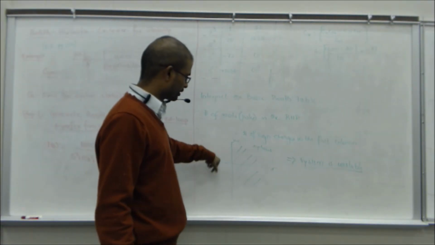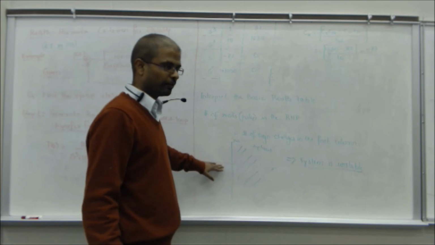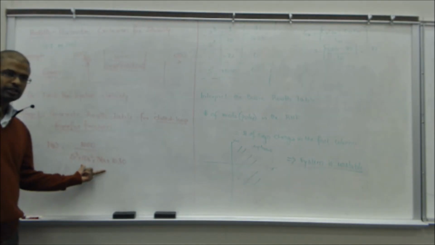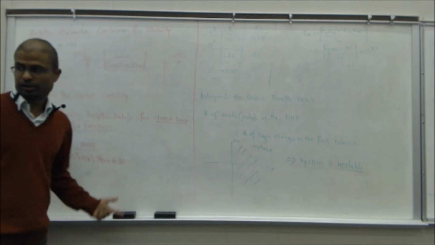Okay, so all the poles have to be on the left half plane for the system to be stable. What do you mean by that? All the roots of this polynomial have to be in the left half plane. Okay, they have to be negative. If there is a positive root, that is unstable. So if you check, what are the roots of this equation? Let's check this.